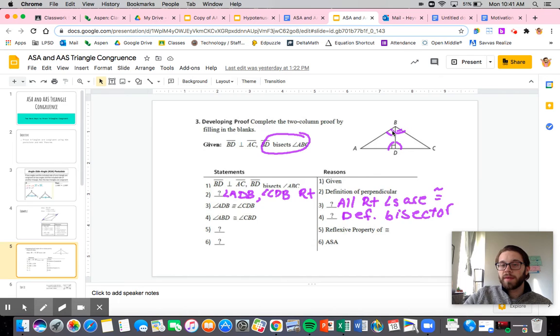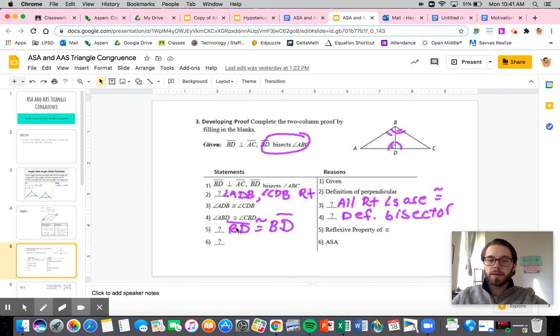Now, we have an angle, we have another angle, and the side in between them is shared. BD is congruent to itself. So by the reflexive property, we can say that these two are congruent. All right, so now we have an angle, a side, and an angle.